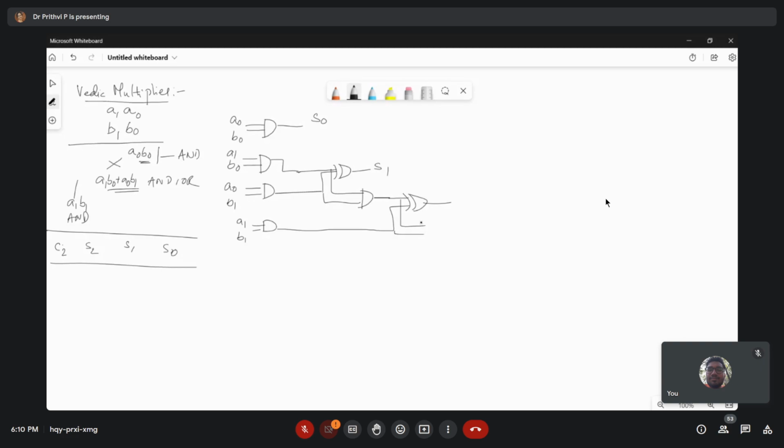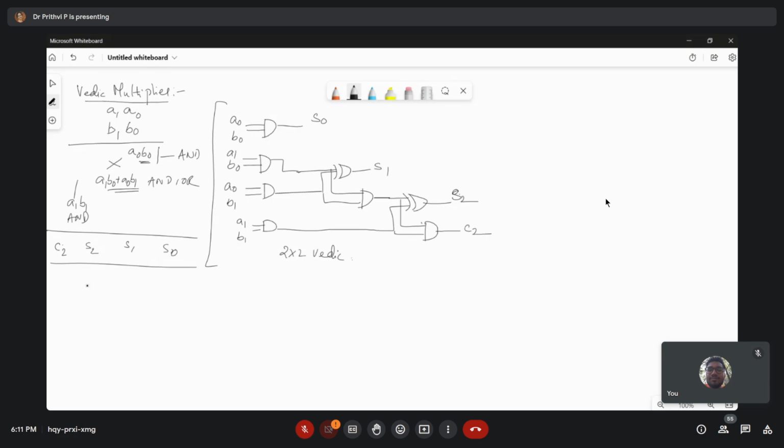We perform. This will be the logic of, say what we get here is S2 and this is C2. Okay, done. So this will be your 2-bit, 2 into 2 Vedic multiplier, 2 into 2 Vedic multiplication.